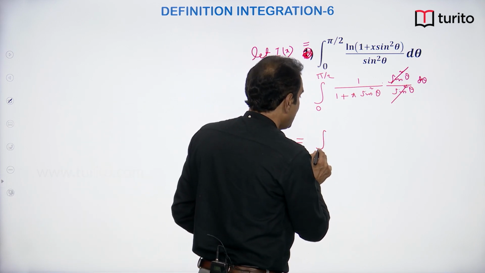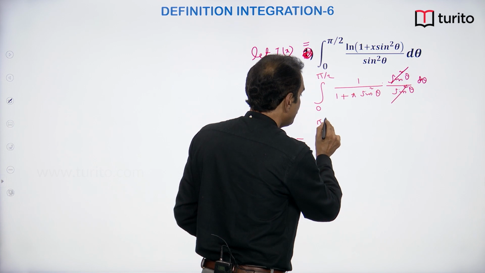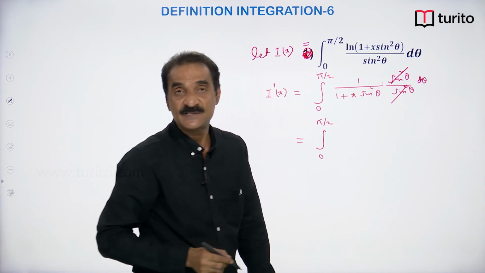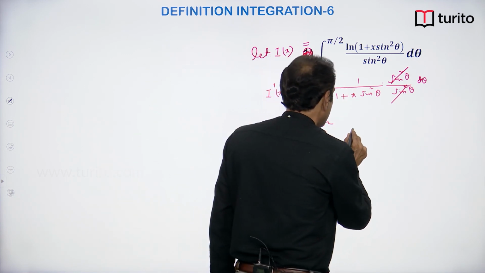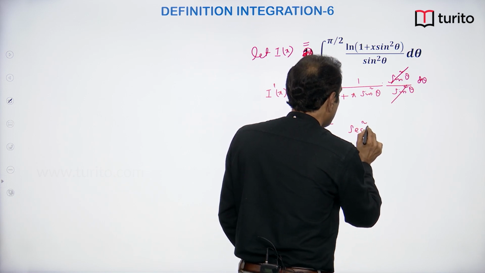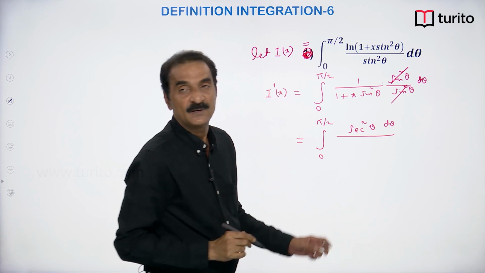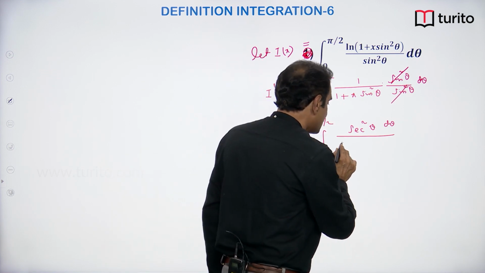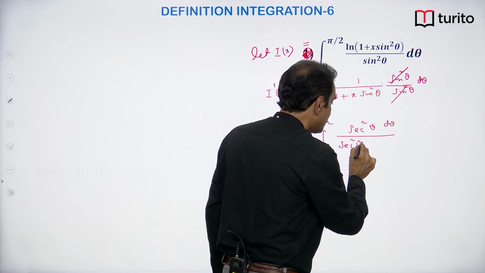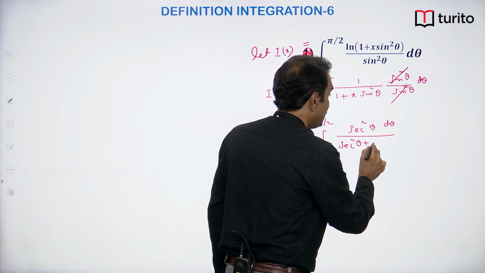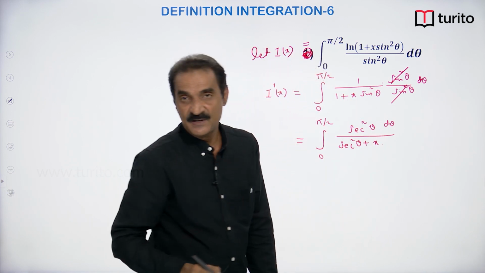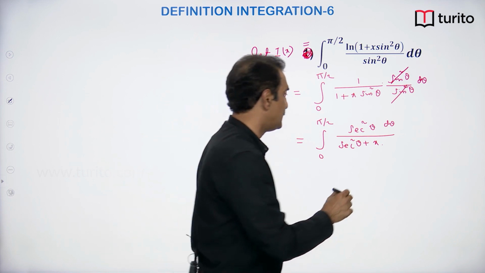Integral 0 to pi by 2, multiplying and dividing by secant square theta, the denominator becomes secant square theta plus x into sin square theta into secant square theta, which is tan square theta.